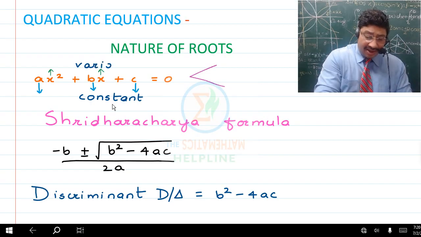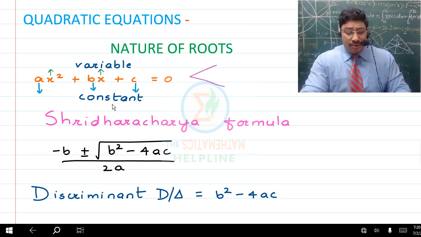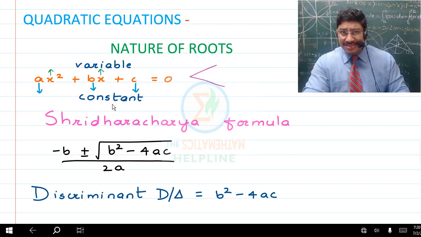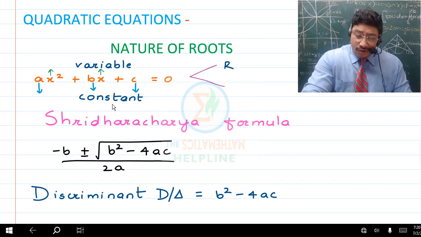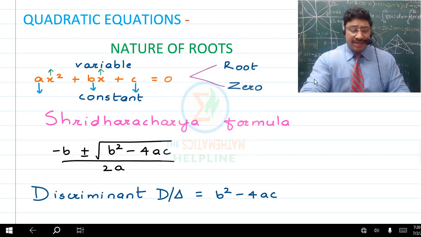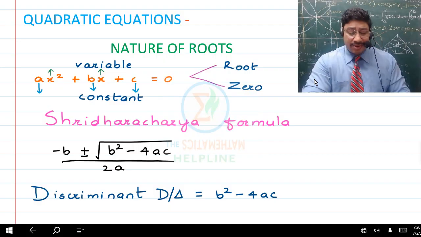Here we have our variable to be x. As this is a quadratic equation in just one variable x, the highest power of x is 2, so we expect two roots here, which are either known as a root or a zero, because it makes the algebraic expression ax square plus bx plus c equal to 0.